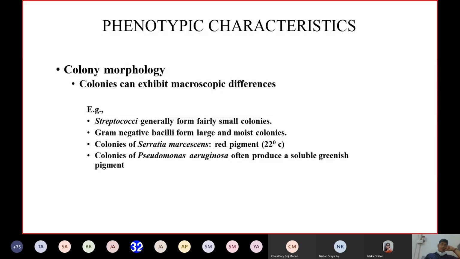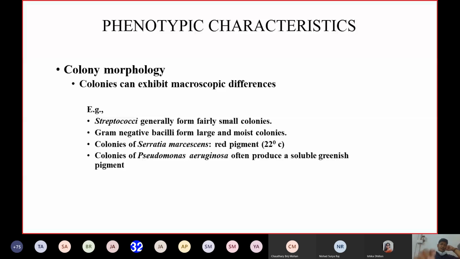Again, depending upon the variant, some will make small colonies, some will make big colonies. Sometimes they will produce capsule and they will make mucoid colonies, and some will produce pigments. At the time they may look greenish, they may look bluish, they may look yellowish. So these are the specific features to particular bacteria.